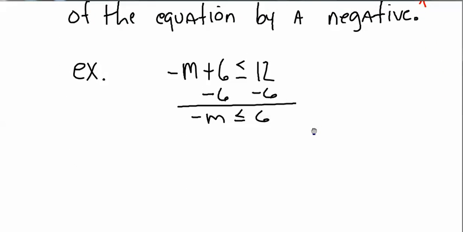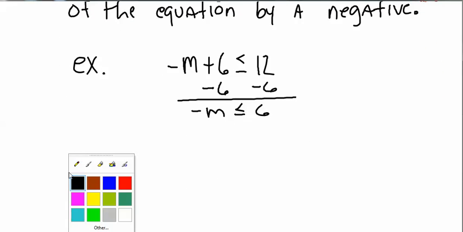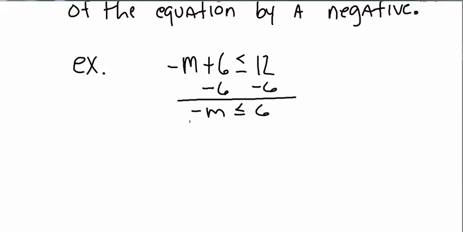Because you don't leave a negative in front of the variable. So to get rid of the negative, you would divide each side by negative 1, wouldn't you? You would divide both sides of the equation by negative 1. If I divide both sides by a negative, I got to change the direction of the arrow. Okay? Anytime you multiply or divide both sides of the inequality by a negative, you got to change the direction of the arrow.